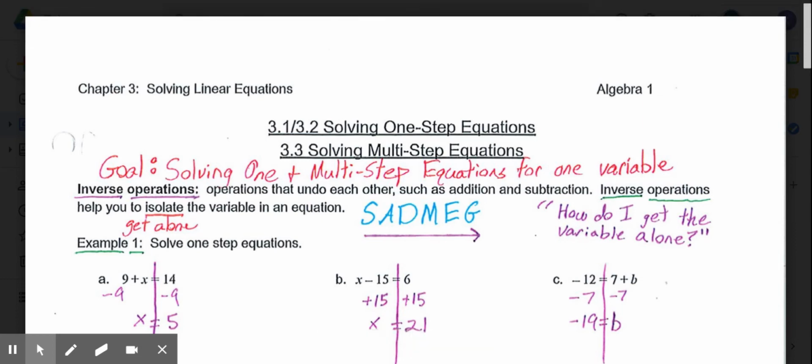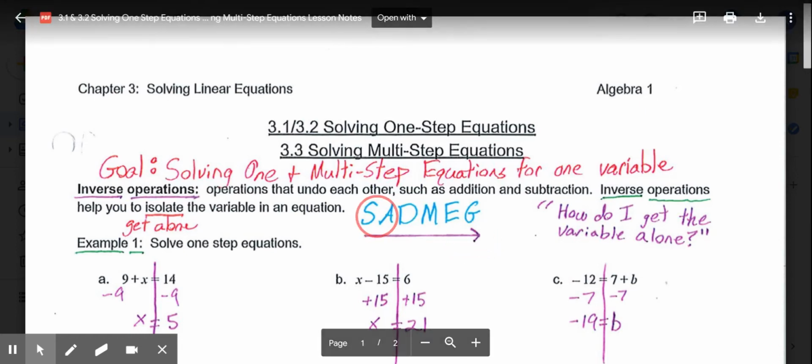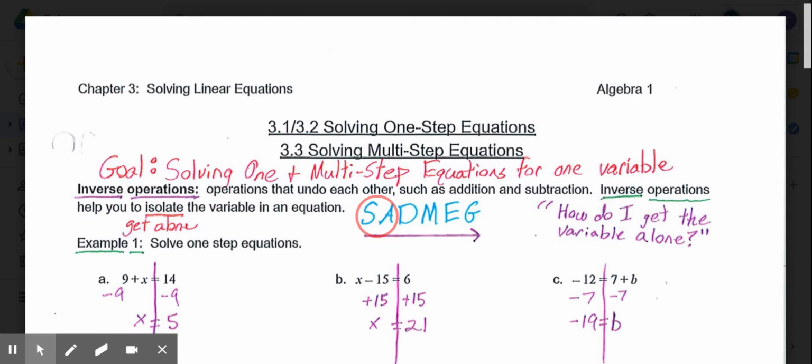Not necessarily that catchy, but that's an easy way to remember it. We are doing this working left to right. The first thing we want to undo are addition or subtraction, and the way we do that is with their inverse. If we have subtraction, we undo it with addition. If we have addition, we undo it with subtraction. If we have division, we undo it with the inverse, which is multiplication. And if you have multiplication, you undo it with the inverse, which is division. In later lessons, we'll worry more about the grouping symbol and exponent components.